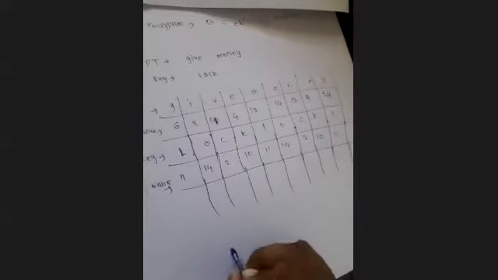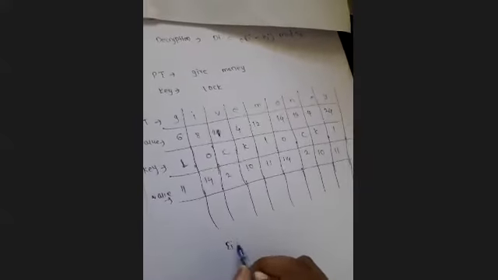Now we have to perform the encryption. How to perform the encryption? The formula is encryption E of i is equal to P of i plus K of i mod 26. I will explain here for the first value.